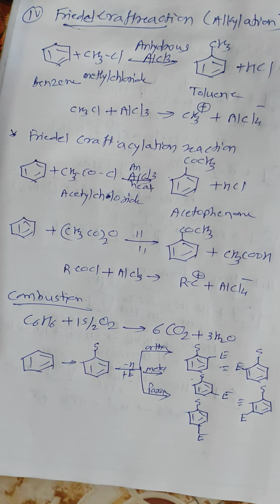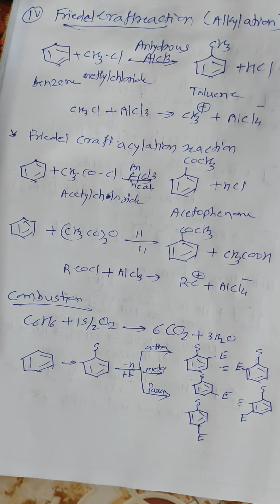But these products are not formed in equal amounts. Two types of behavior are observed: A, ortho and para products; B, meta products are found as the major products.